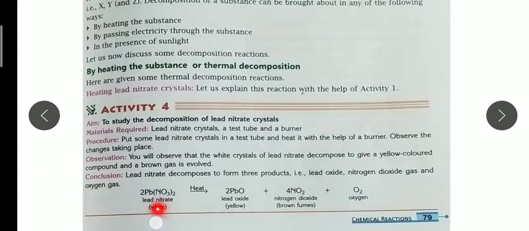When we heat the lead nitrate compound, we get yellow lead oxide, nitrogen dioxide gas, which is brown fumes, and oxygen gas. So when we decompose the lead nitrate salt, we get three products: lead oxide, nitrogen dioxide and oxygen. This is an example of a decomposition reaction, so you should know these things.